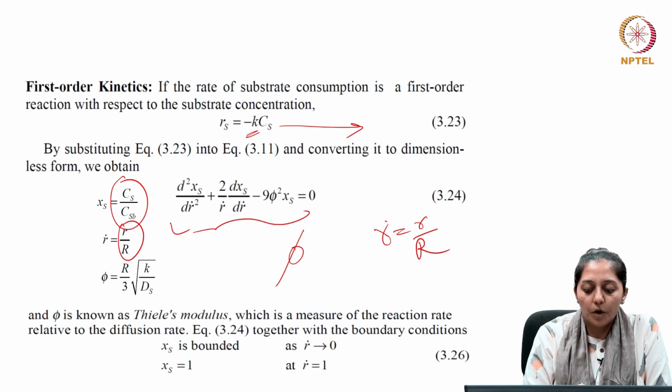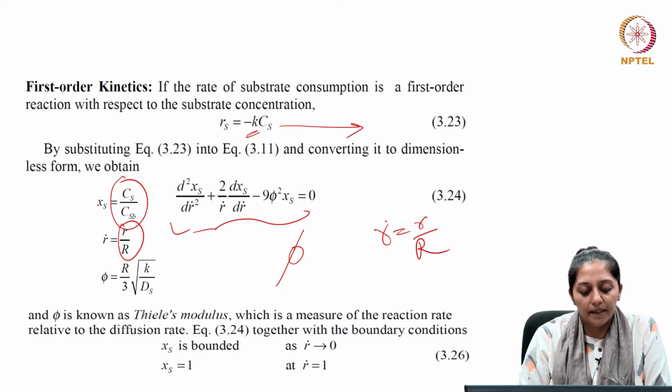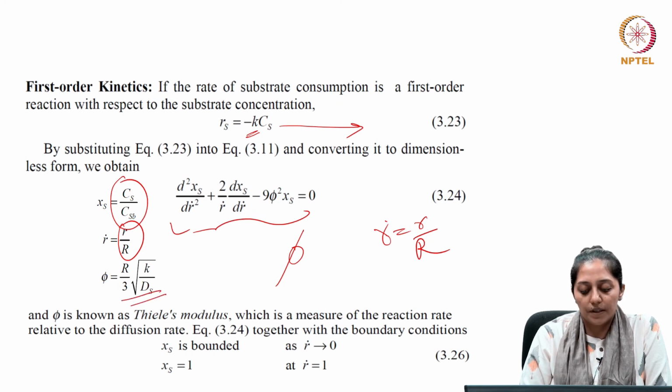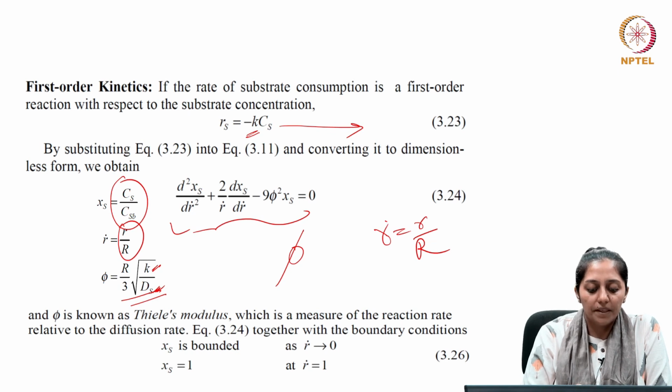Now, this Thiele modulus takes the form of R by 3 under root K by Ds. Its physical significance, from the arrangement of constants here, seems to be a measure of the reaction rate relative to the diffusion rate in the denominator.